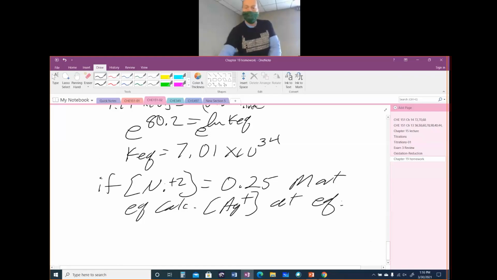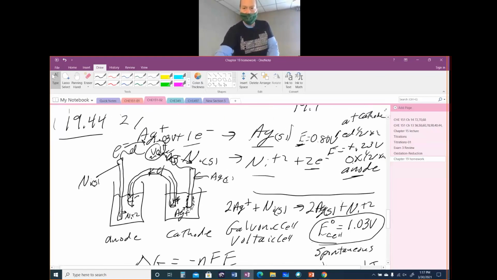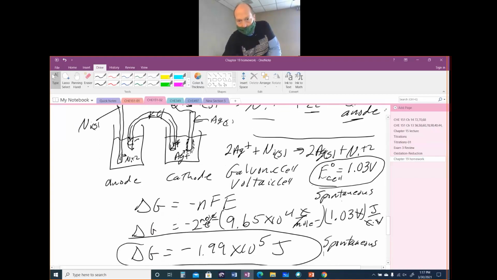All right, so you have to know the setup. You got your KEQ, you go back to your overall reaction. All right, and of course, KEQ is concentration of products over reactants. Don't forget that they are raised to their coefficient. So your setup for KEQ is your product, nickel plus 2 concentration, over your Ag plus raised to its coefficient of 2.